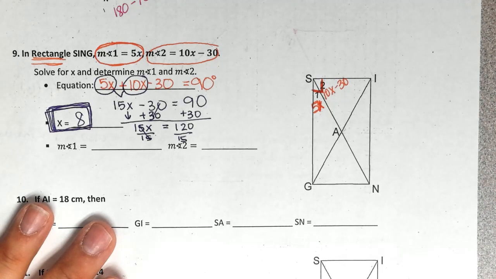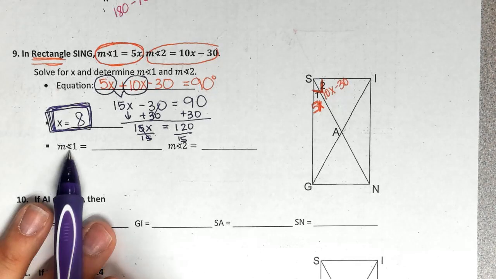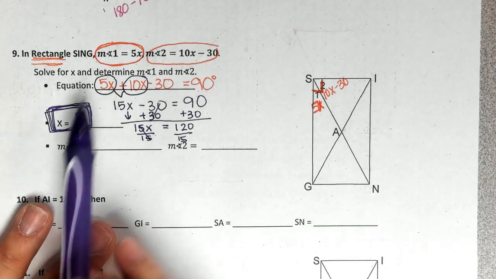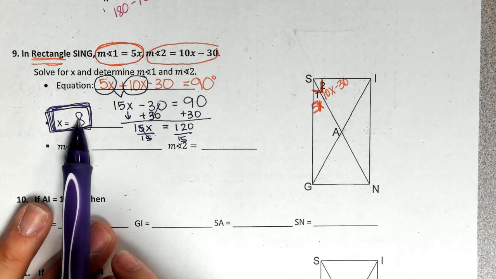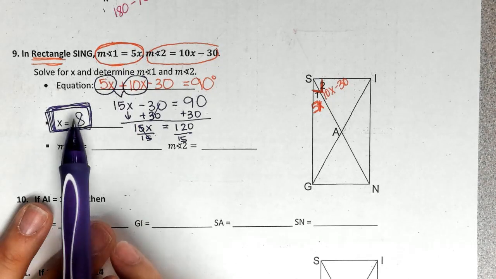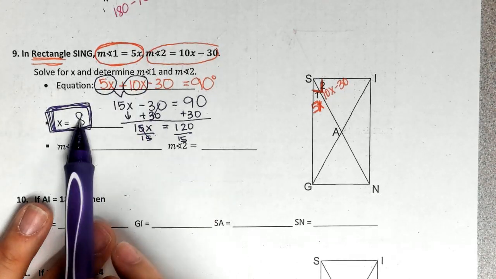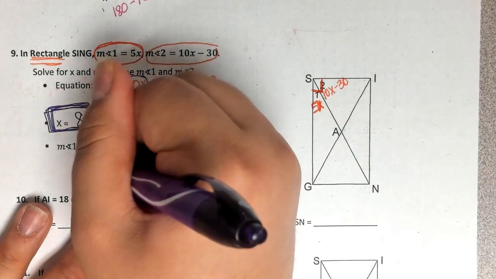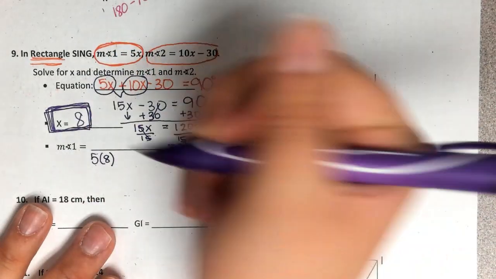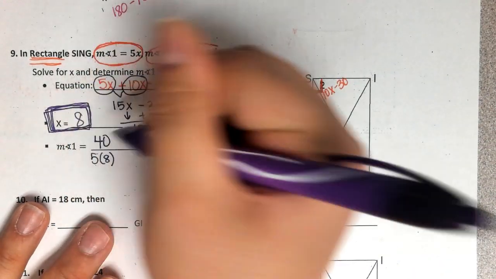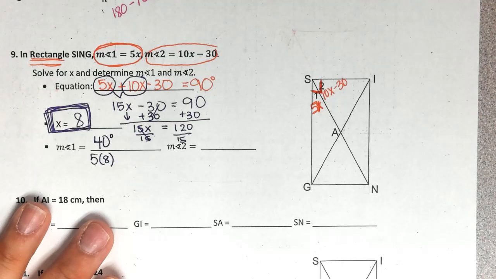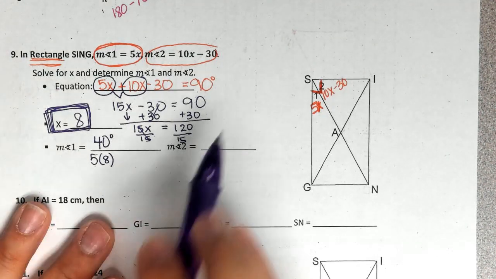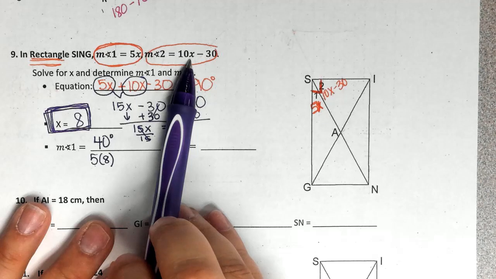Y'all look up, please. We know angle 1 is 5x. We know x is 8. So what are we going to do to find angle 1? 5 times 8. Plug in your x. And what's 5 times 8? 40 degrees is angle 1. We know angle 2 is 10x minus 30.